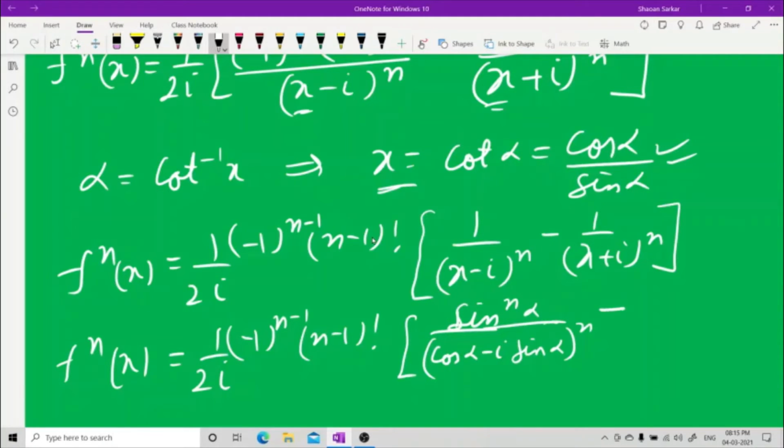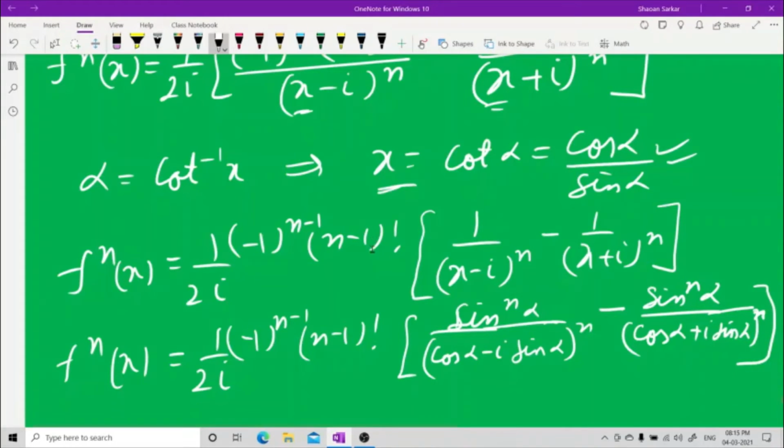This is also minus sin^n alpha on the top, and then you have (cos alpha + i sin alpha)^n.